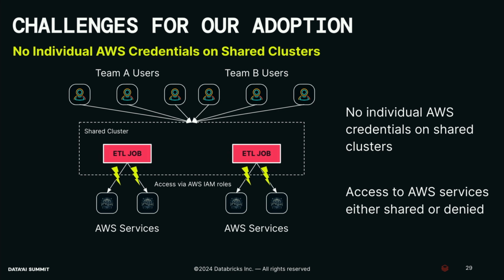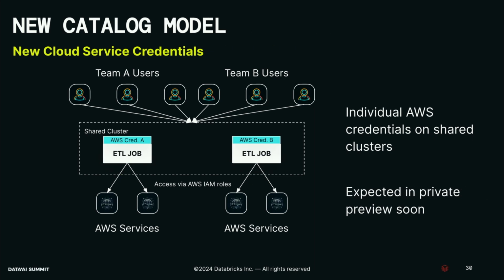And the solution, I think it's in preview since 2 days or whatever, is there is a new feature called Cloud Service Credentials, which solves the problem. So you can have an AWS role assigned to Cloud Service Credentials. Cloud Service Credentials are a Unity Catalog feature, so you can grant access to this kind of entity.